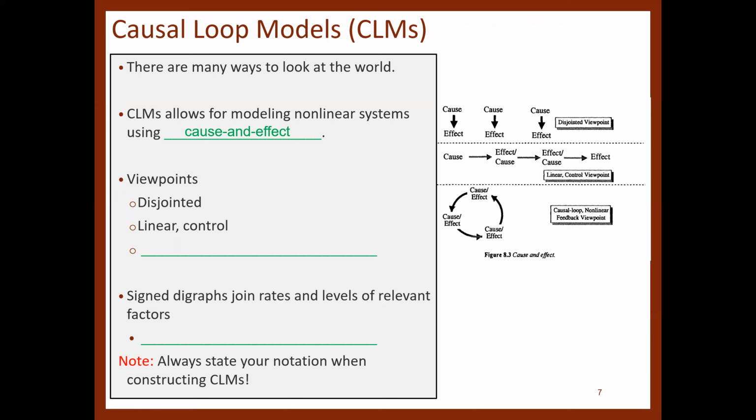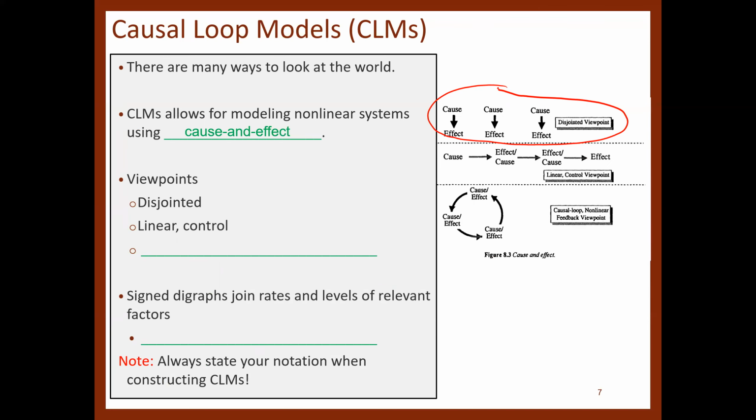So meaning that we have cause and effect of separate situations, and these separate situations don't interact with each other. So that's what we are presenting here at the top, the disjoint viewpoint.